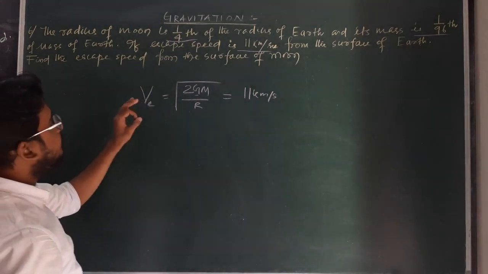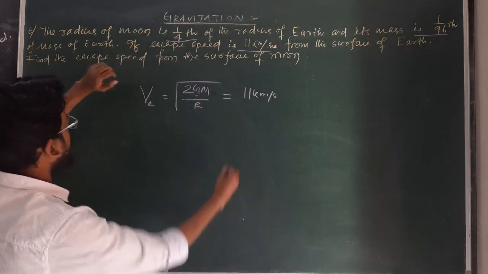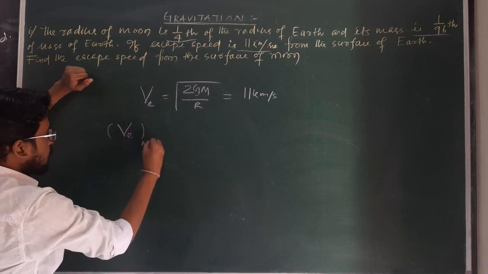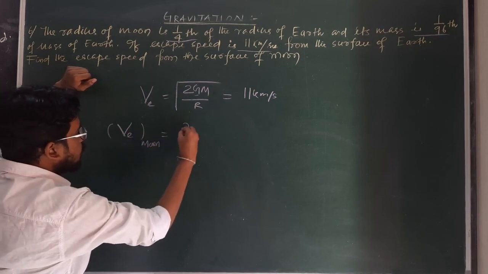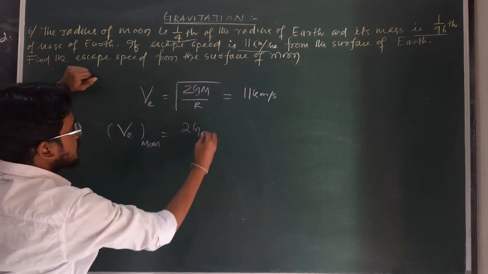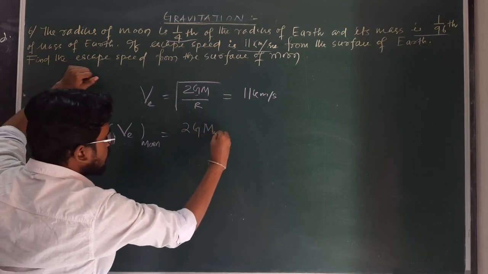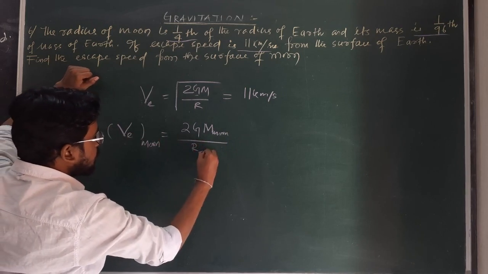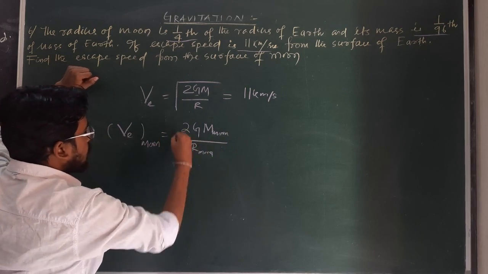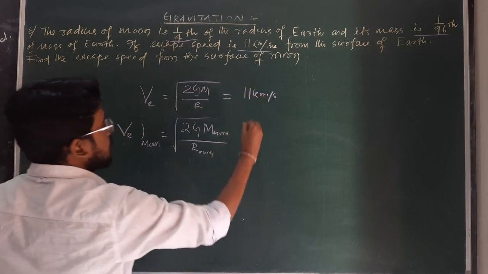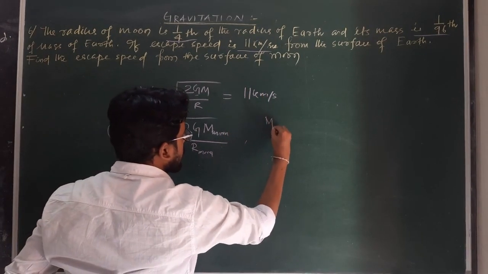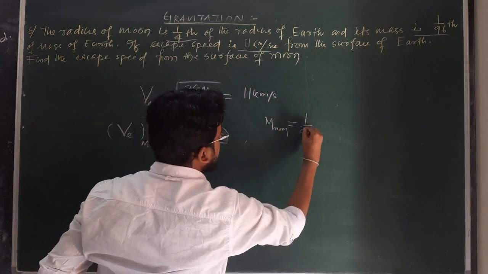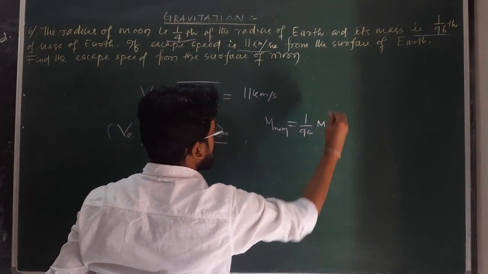So we have to find out what the escape velocity for moon is. The escape velocity for moon can be written as how much? Under root 2 into universal gravitational constant G into mass of moon divided by radius of moon. So according to the question, what is mass of moon? This is equivalent to 1 by 96th of mass of earth.